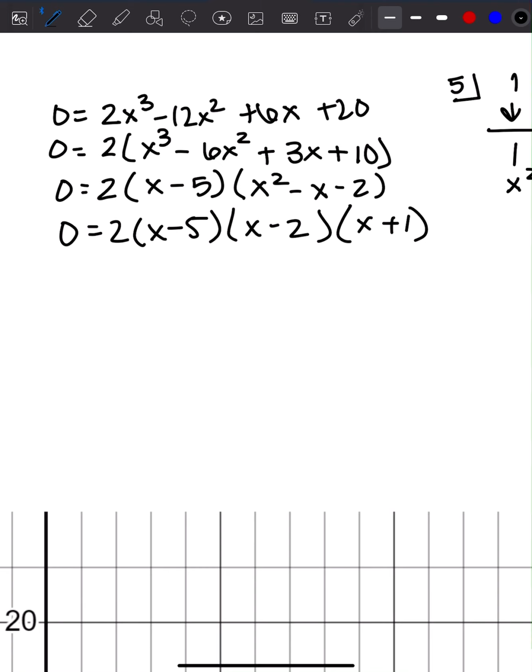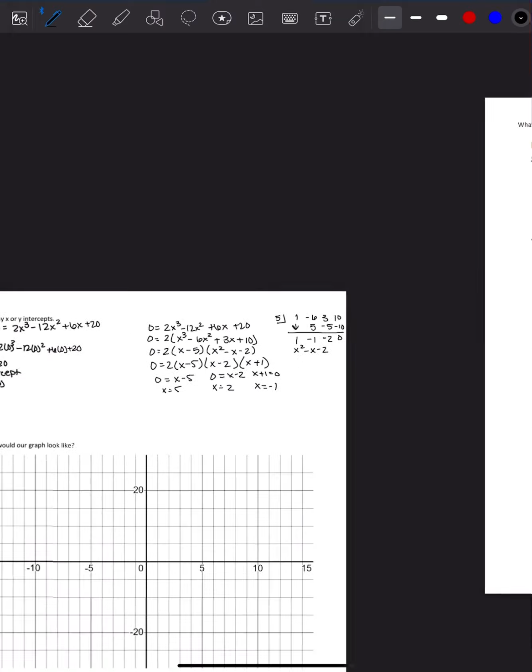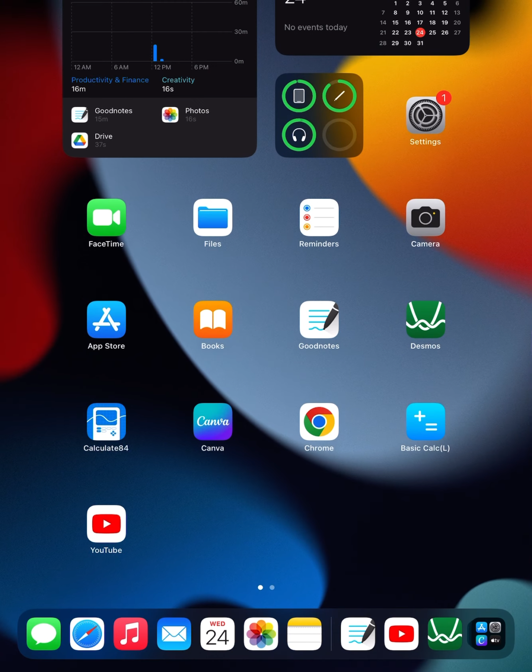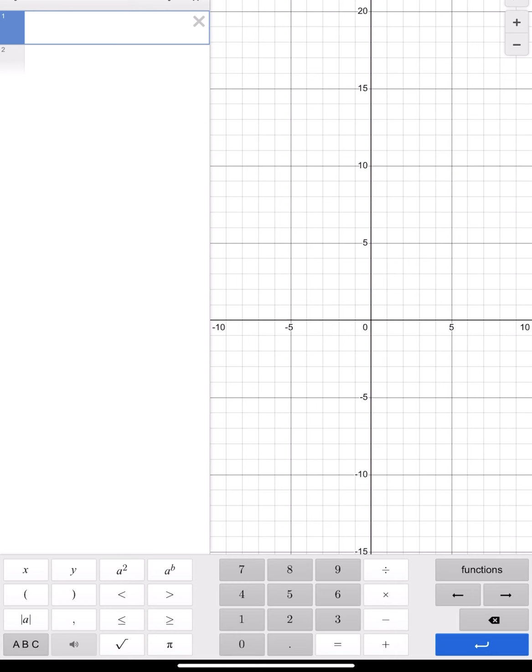If I were to find the zeros for all of these, I'm going to set each one of these equal to 0. x equals 5, x equals 2, x equals negative 1. So that was the long way of doing it. The faster way would be to just have it in our problem.